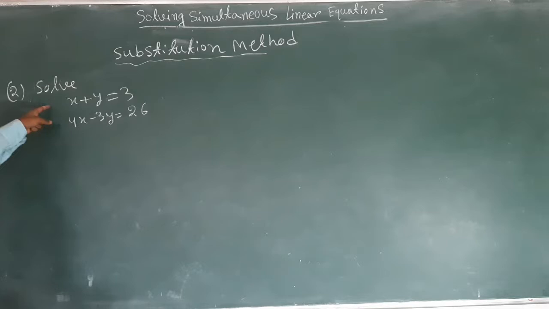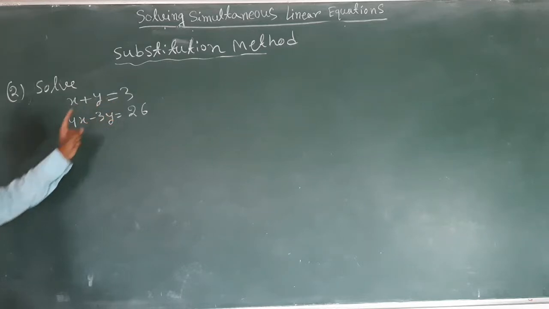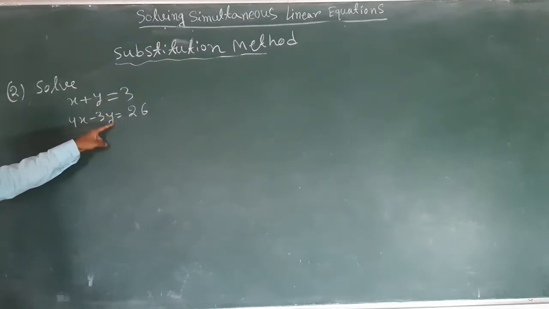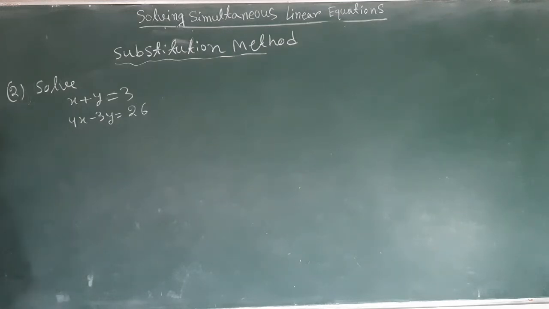Question number 2. Solve x plus y is equal to 3 and 4x minus 3y is equal to 26. So now we solve these two simultaneous linear equations by the method of substitution.